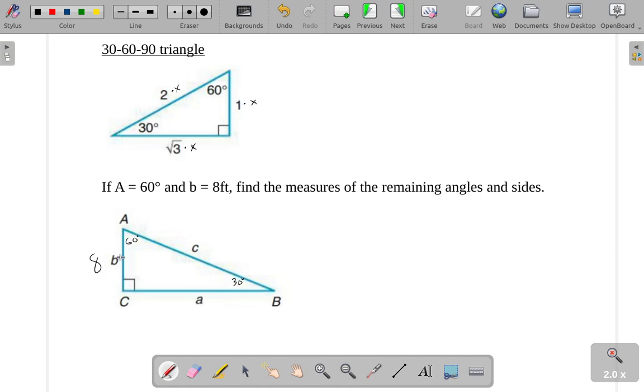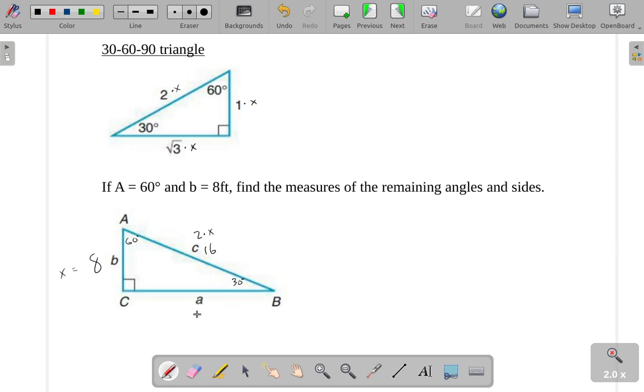So let's see. If I know B, just using my example up here, you can see this is the side that's opposite the 30 degree angle. This is again the side that's opposite the 30 degree angle. So in my triangle up here, this would be x. X would be 8. So that means this one would have to be 2 times x, which is 16. 2 times 8 is 16.